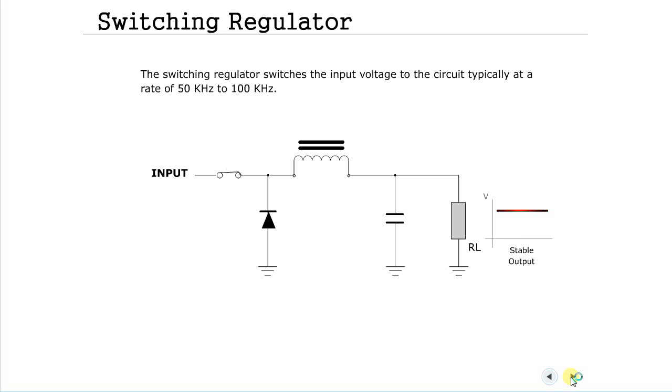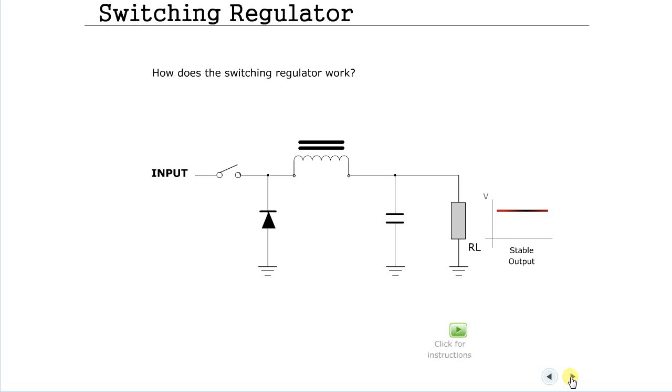The switching regulator switches the input voltage to the circuit typically at a rate of 50 kHz to 100 kHz. How does the switching regulator work?